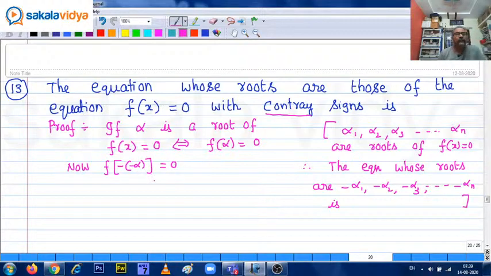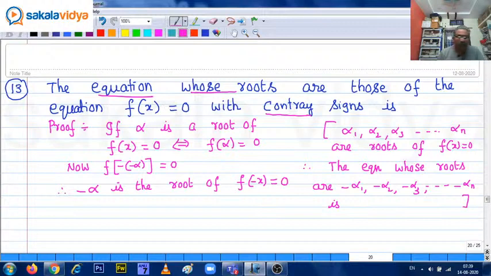What we need to find here is that minus alpha is a root of the required equation. That means instead of minus alpha, replace x. So now minus alpha is the root of f of minus x equals 0.